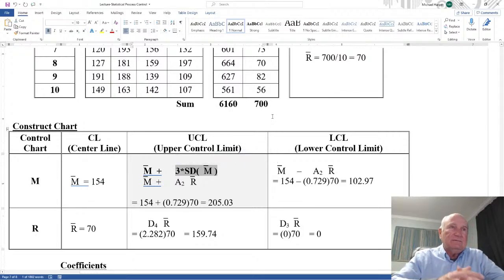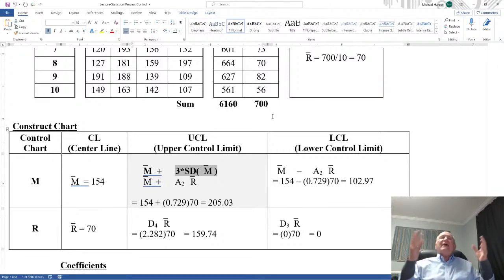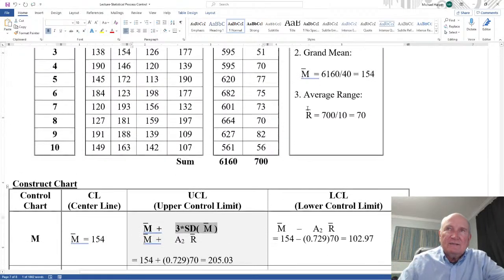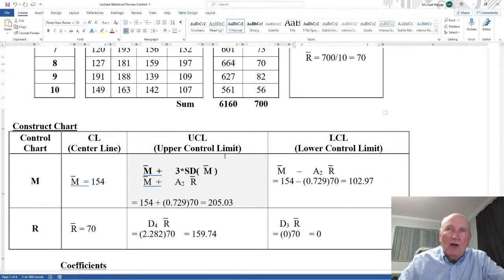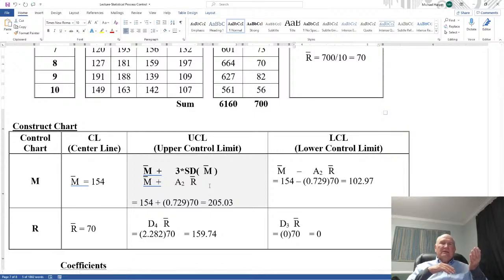Well, they estimate it. It was calculated years ago, like, let's say, with a simulation. They say, let's take 10,000 samples of size 4. On every sample, let's take a mean, a range, and the standard deviation of the mean.